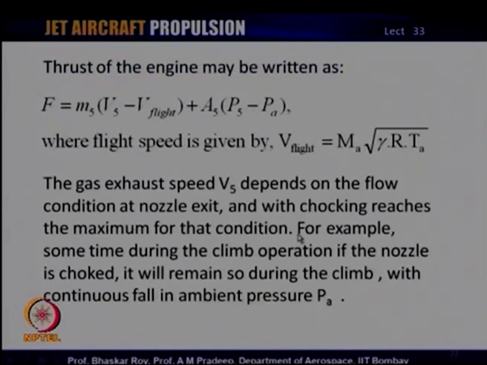So, this is another thing which the engine designer needs to ensure, that all the subcomponents, the intake, the compressor, the combustion chamber, the turbine and nozzle, are all matched together in one unit such that, for example, during the climb they continue to produce maximum thrust during the entire flight operation, even when the altitude is changing and the flight Mach number is changing, but the engine continues to produce maximum instantaneous thrust during the entire operation of the climb.